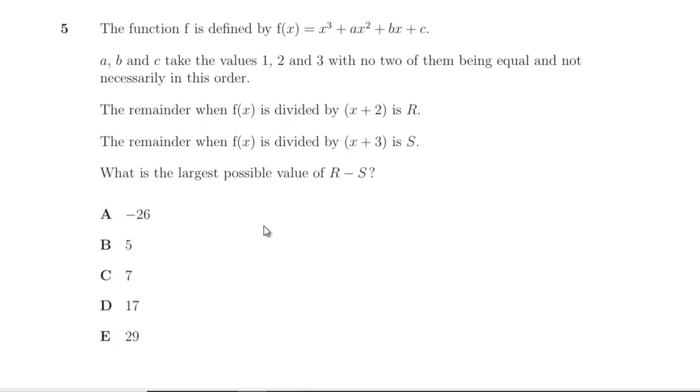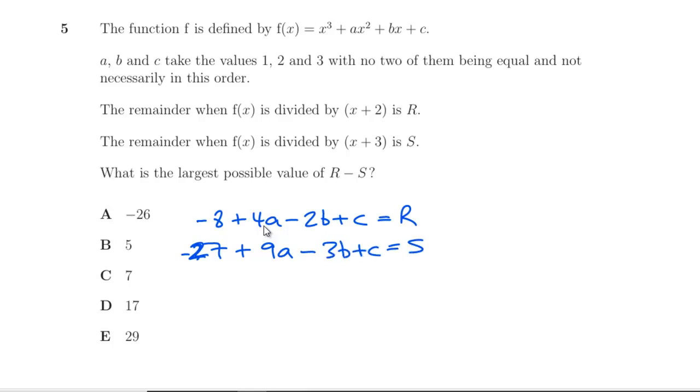Okay, so if we're dividing by x plus 2, we've got to put a minus 2 in and see what we get. So we're going to get a minus 8 plus 4a minus 2b plus c, and that is r. And then for s, we're putting a minus 3 in, so minus 27 plus 9a minus 3b plus c.